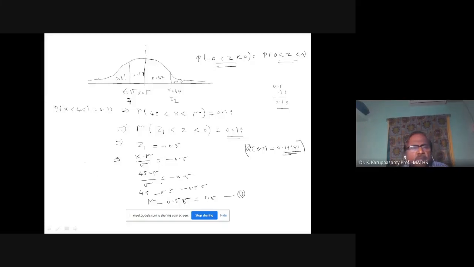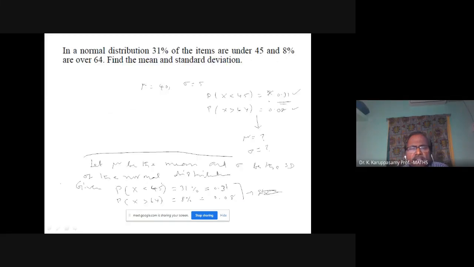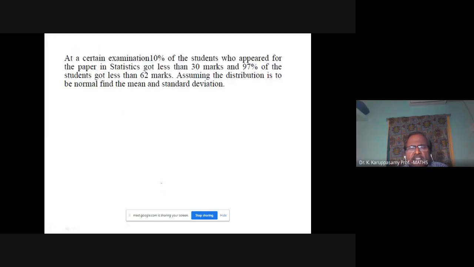Second condition: probability of X greater than 64 is equal to 0.08, which implies probability of mu less than or equal to X less than or equal to 64 is equal to 0.42.